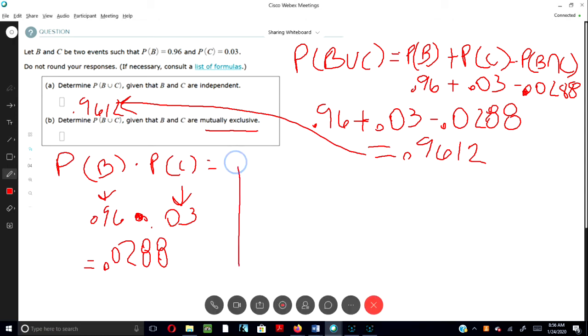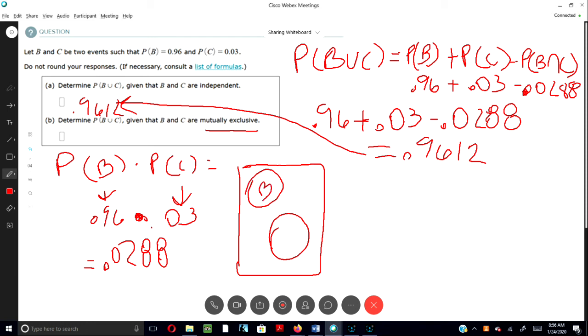If you were to see the events, it would look like this: two separate events without any intersection between the two. So since there's no intersection between B and C, that intersection would be 0.